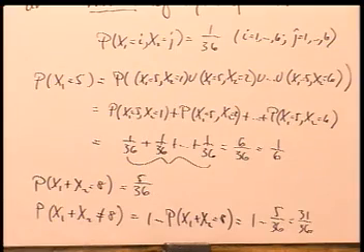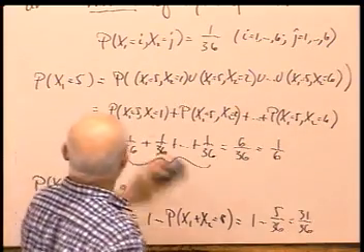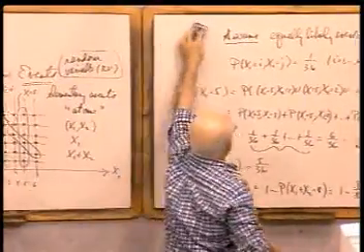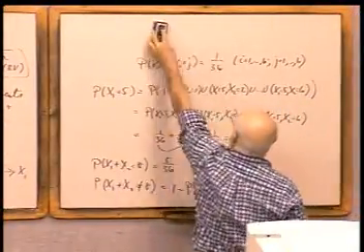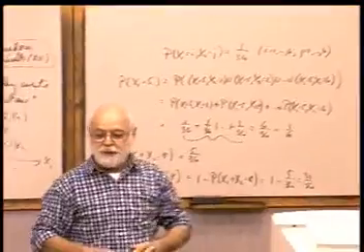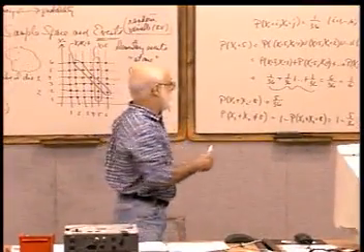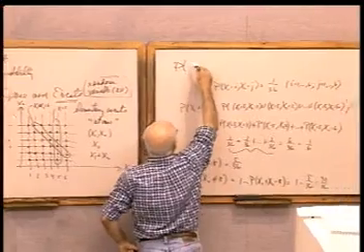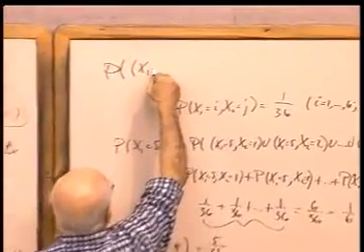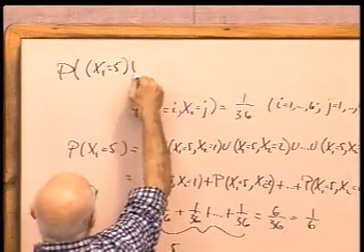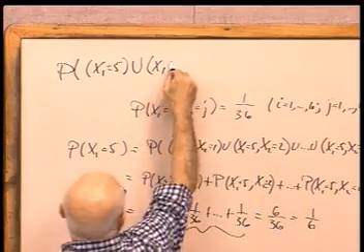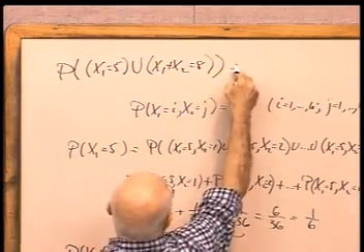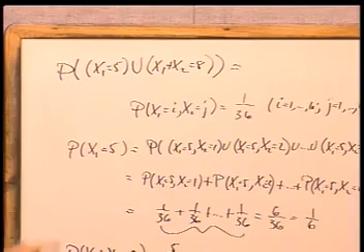How about the event, okay, let's go over here. Suppose I asked, what's the probability that when I roll the dice either x1 is equal to 5 or the sum of the two dice is equal to 8? Well, that's a union.